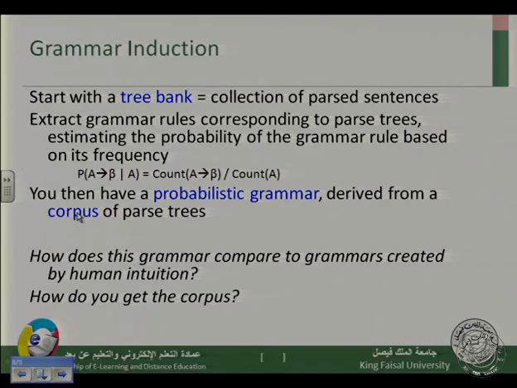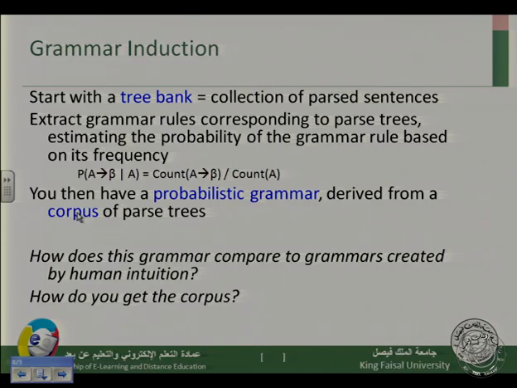You need to collect millions of these trees, and then you calculate all the frequencies and the probabilities, but it can be done with ambition and with efforts. You can get your corpus, but you also need the help of other people. It's not easy just to do it by yourself.